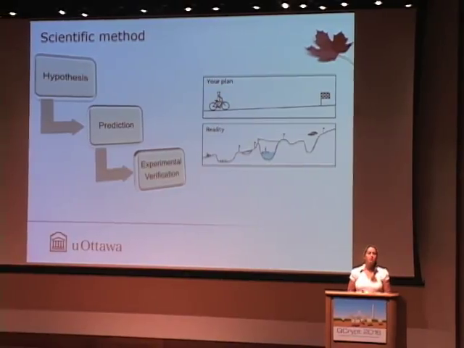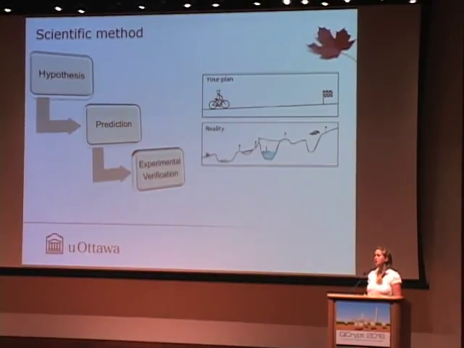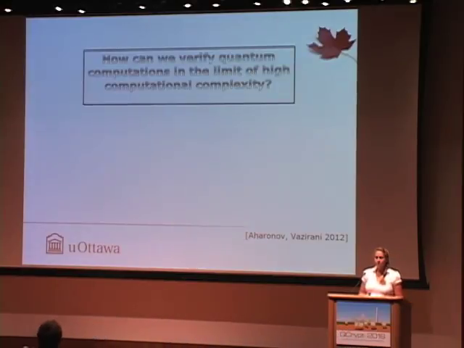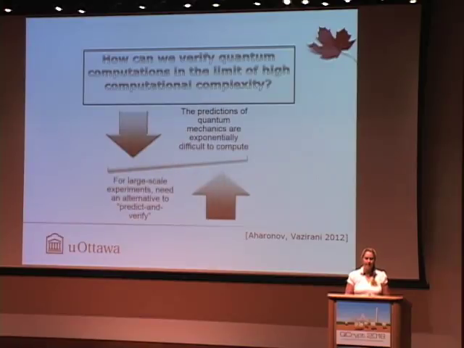With the advent of quantum computers and the possibility that we'll eventually be able to run large-scale quantum computations, this raises a question, namely, how are we going to apply the scientific method to experiments that perform quantum computations? The problem here, of course, is that the predictions of quantum mechanics are thought to be exponentially difficult to compute.